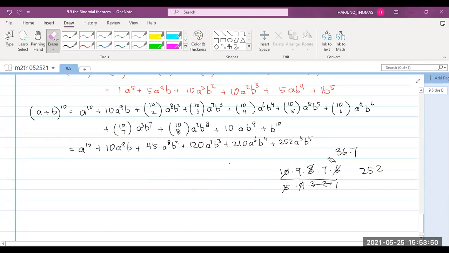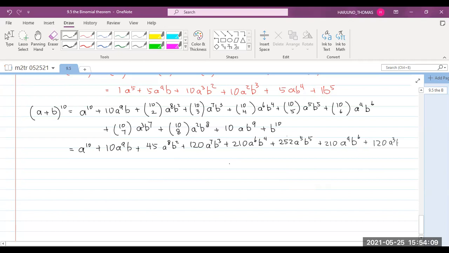And then from there we get the symmetry, right? 10 combination 6 is the same as 10 combination 4. That's 210. And then 120 a cubed b to the 7th plus 45 a squared b to the 8th plus 10 a b to the 9th plus b to the 10th.